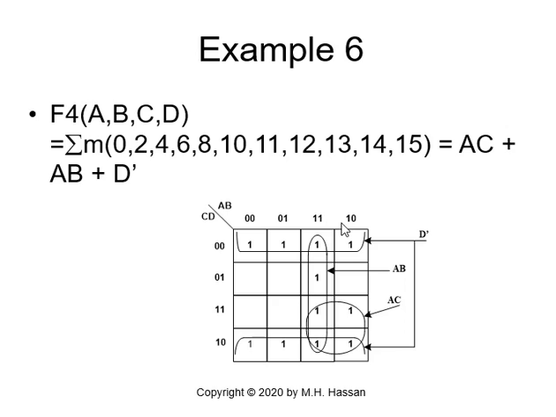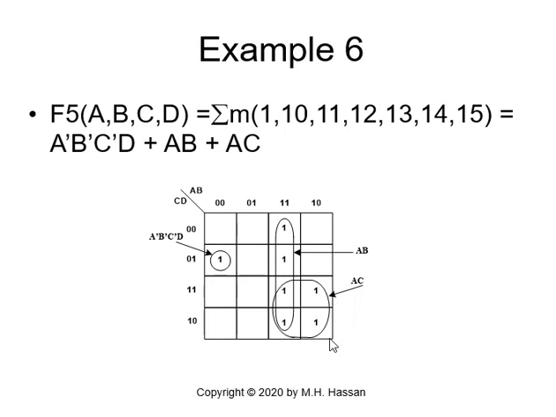For the B, I have only A horizontally, and the 1 will cancel with the 0 for the D, and I have C. So my product terms will be AC, and the answer will be AC or AB or D prime, and we are pointing out the values of those product terms accordingly.